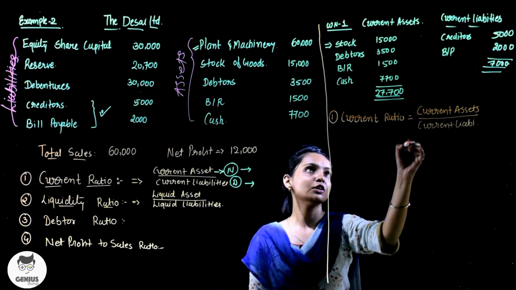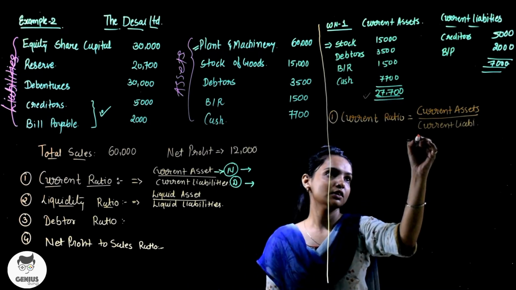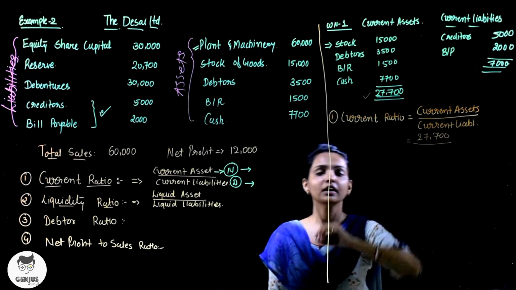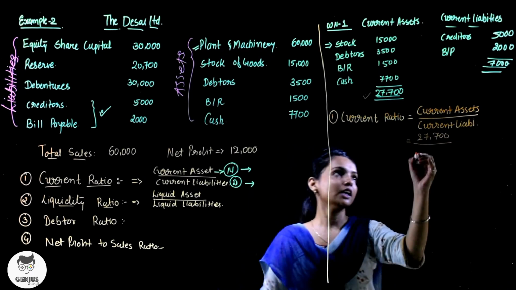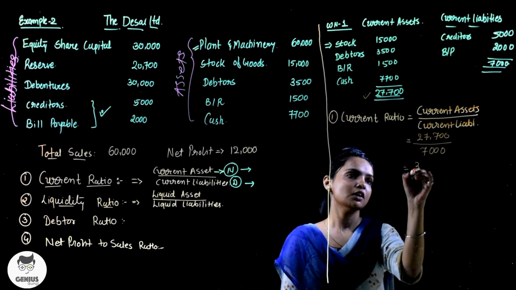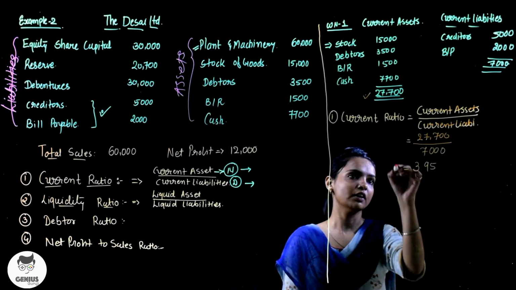Now, what is your total? 27,700 divided by total current liability 7,000. So your answer will be 3.95.